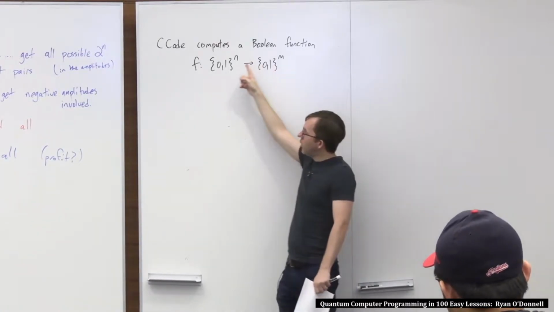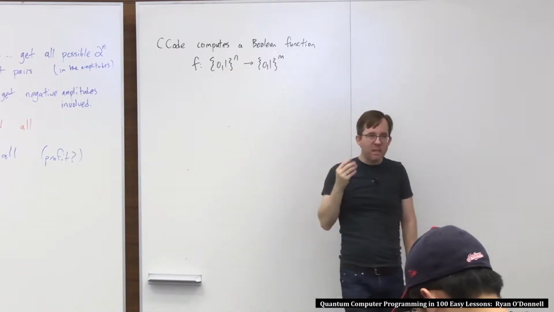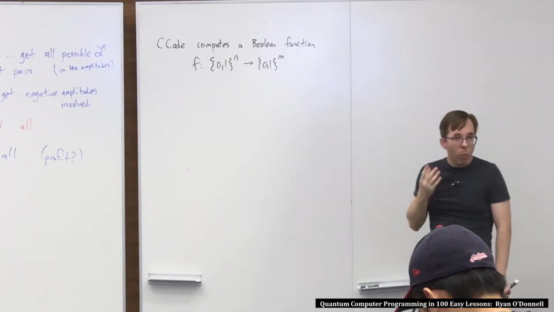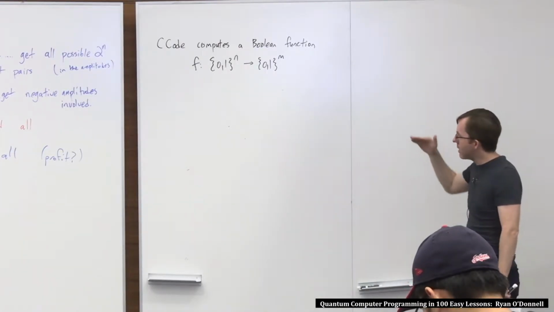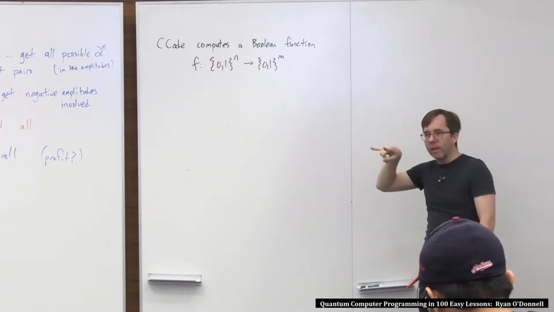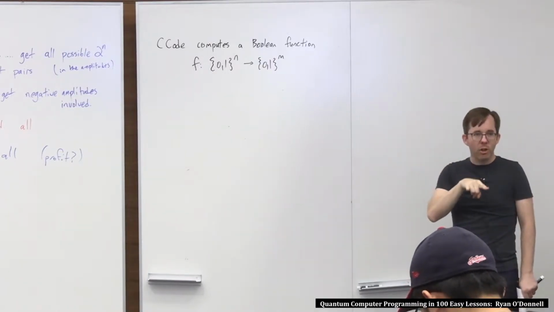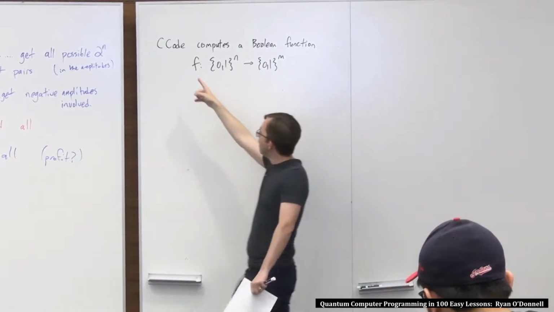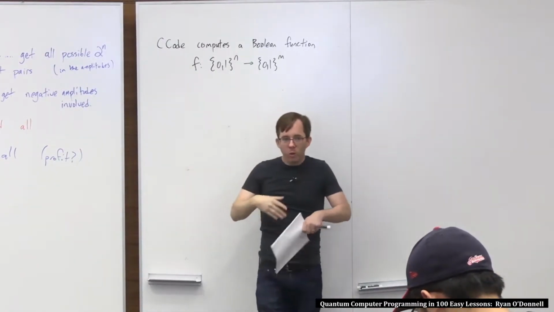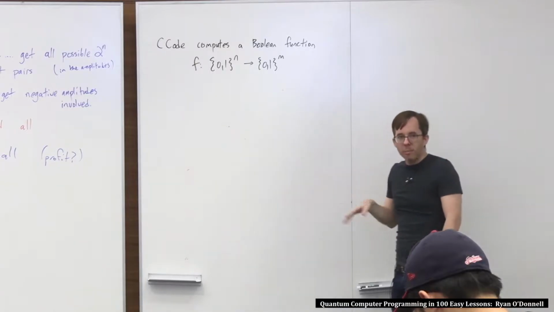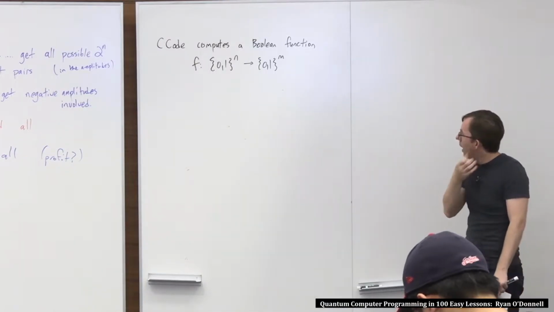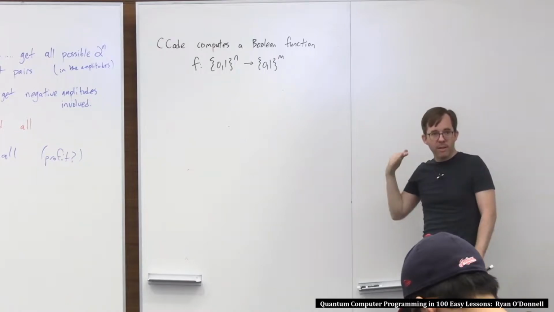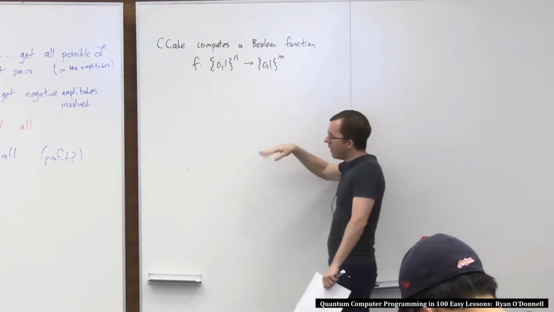You should think of the function as the spec, the definition for what the code is supposed to do. It tells you exactly, for every possible input string, what the correct desired output string is. And you should think of CCode as some actual programming language code in Python or C or whatever that implements this spec.